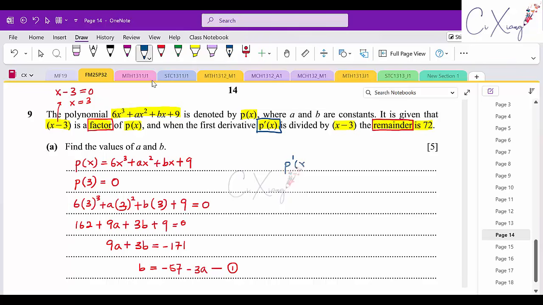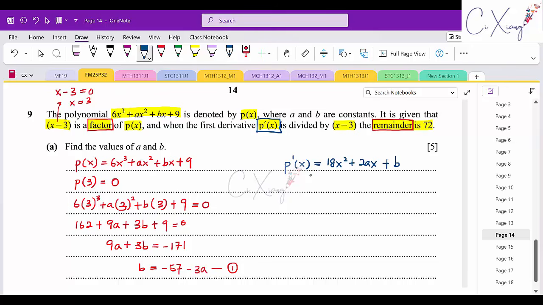So 6x cubed, differentiate it, you have 18: the power 3, you put in front, so 6 times 3 gives 18. Then x squared: copy the x, power minus 1, so 3 minus 1 becomes 2. Then ax squared, you also bring the power in front, you'll have 2a, then copy the x, power minus 1 becomes 1. Differentiate bx, you get b. So this is the first derivative of the polynomial, P prime x.